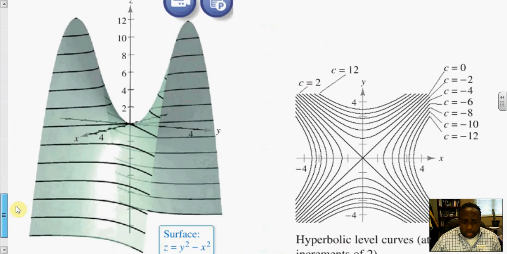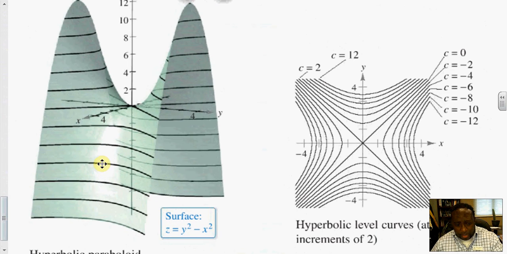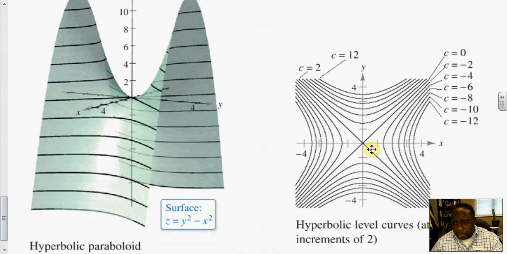Likewise, if you take a hyperbolic paraboloid and transfer this 3D image to a two-dimensional space, then looking from the top view, that's what it looks like.